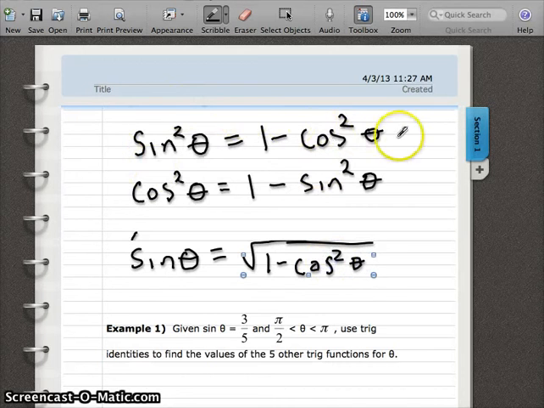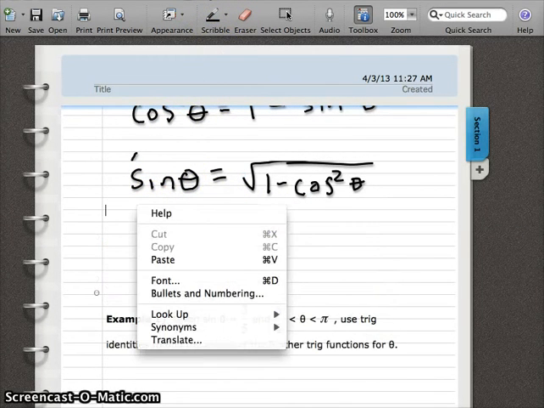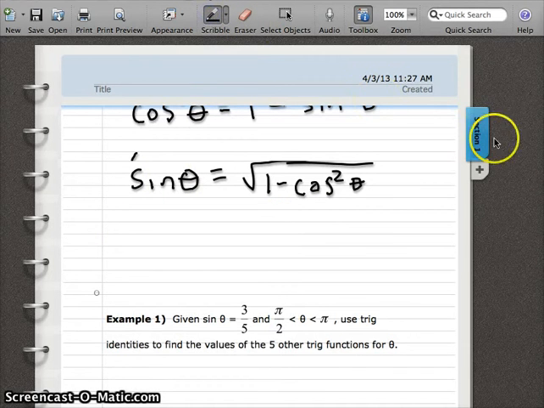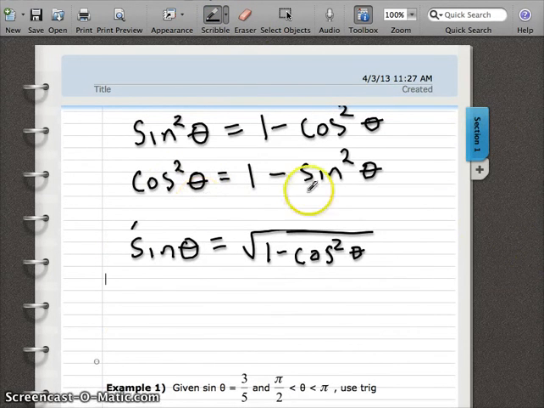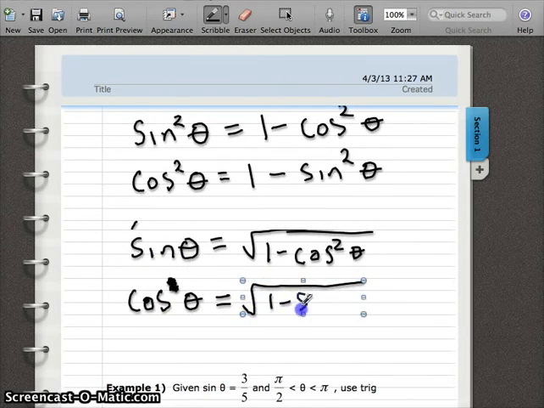So we're just taking this form right here and square rooting both sides. So now we have another identity for sine. And we could do the same thing for cosine. If I square root both sides at this step, I have another identity for cosine, which is the square root of 1 minus sine squared, under a radical this time. So there's another identity for cosine: square root of 1 minus sine squared.